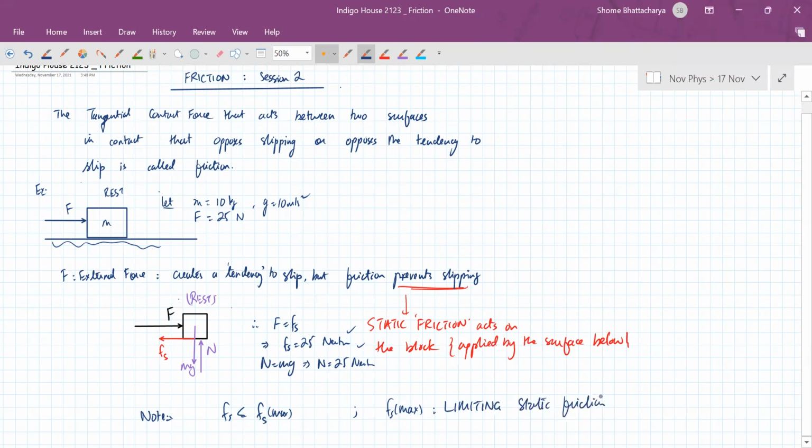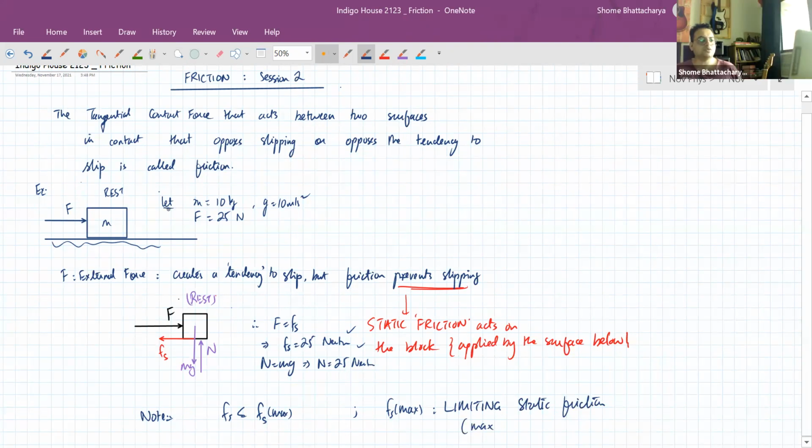So in this example, we have taken the external force as 25 newtons. Let's say this is the data given in the question. From that, we can now find out the static friction and the normal reaction, the two things.